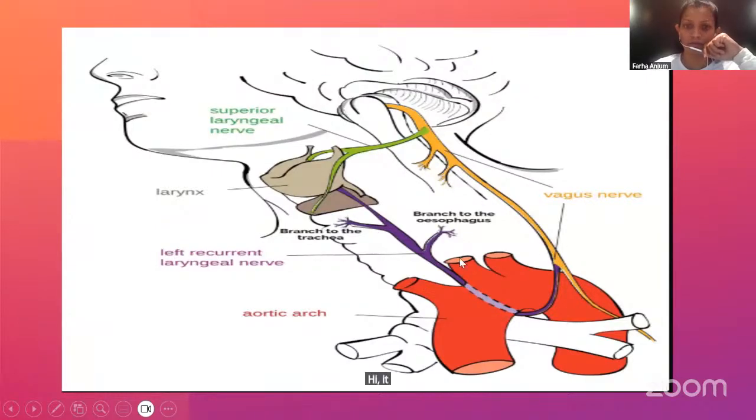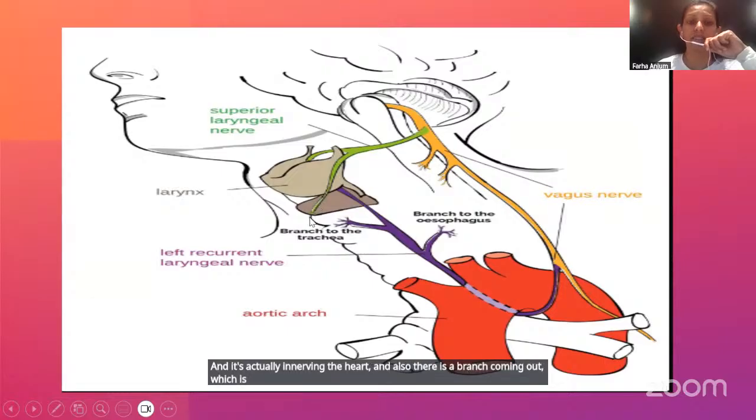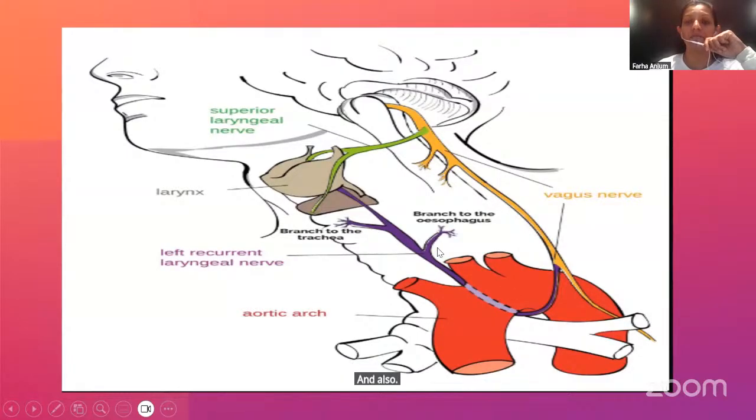It is also a very interesting image which represents the importance of the vagus nerve, because here we can see the nerve coming out of the medulla oblongata and innervating the heart, and a branch coming out which is the superior laryngeal, very important for deglutition or swallowing, and also branches to the trachea, the esophagus, and also the lung, heart, and other abdominal organs, including liver, kidney, and intestine.